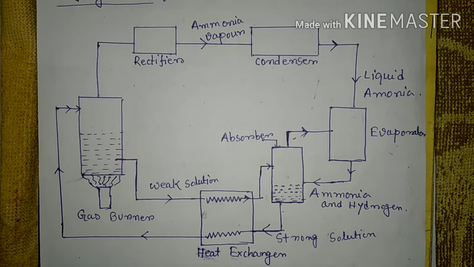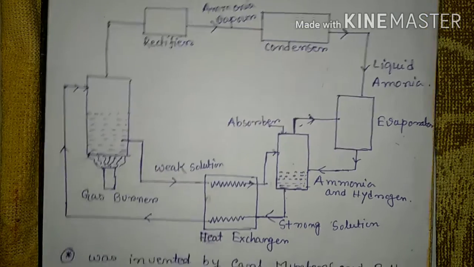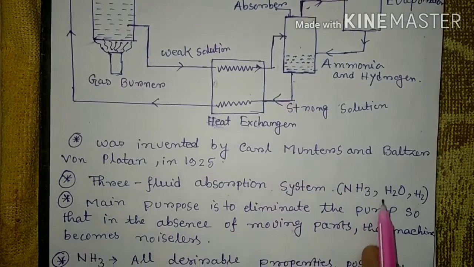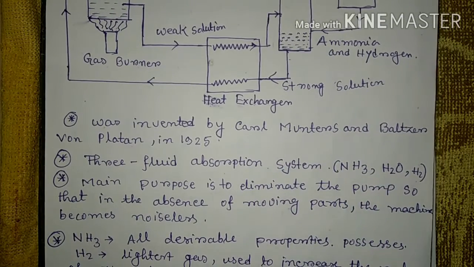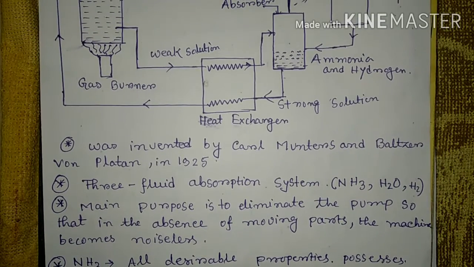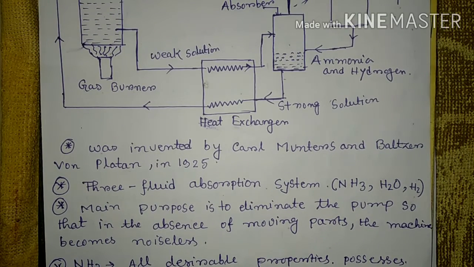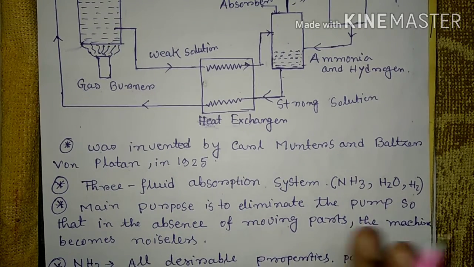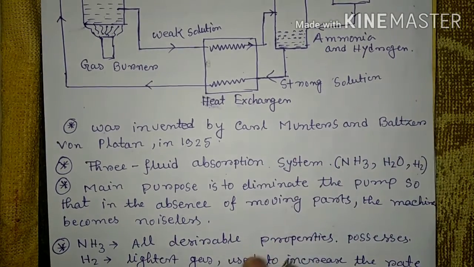Now, the three fluids are ammonia, water, and hydrogen. Ammonia is used as the refrigerant because it possesses most of the desirable properties of a refrigerant for a domestic Electrolux refrigerator.